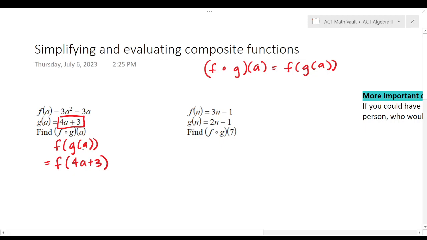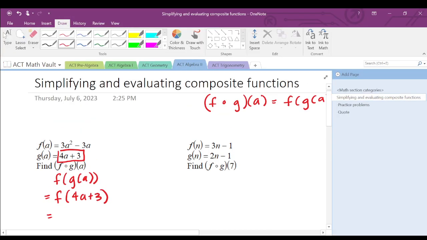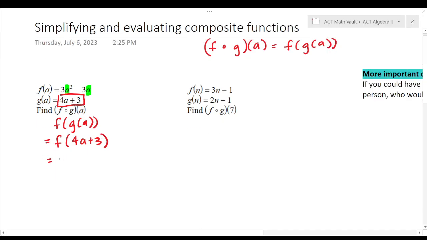So the first step I recommend is just inserting the 4a plus 3 in for the g of a. Now that 4a plus 3 is the new variable instead of the a. So wherever you see an a, and this is where color coding is really helpful, we now are going to put the 4a plus 3. So we have 3 parentheses 4a plus 3 squared minus 3 parentheses 4a plus 3.